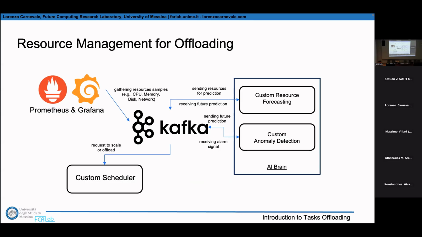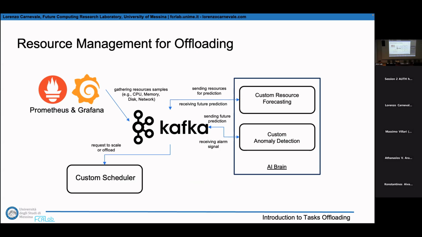And we already started to work on resource forecasting. We don't have only CPU, but we're working also on CPU and memory. We are not working only in virtual machines, but also virtual machines and containers, in order to target the computing continuum and to target multiple resources. Custom anomaly detection, we started working also on it, both with federated learning or traditional approaches like isolation forest.